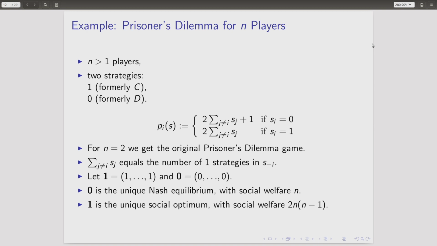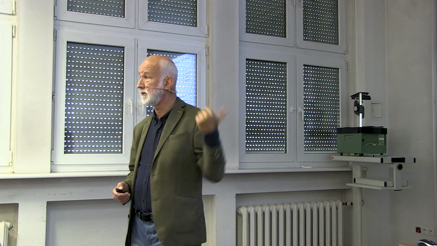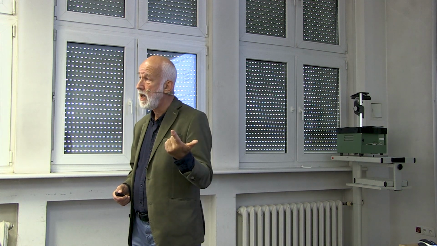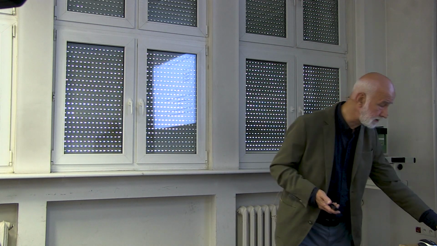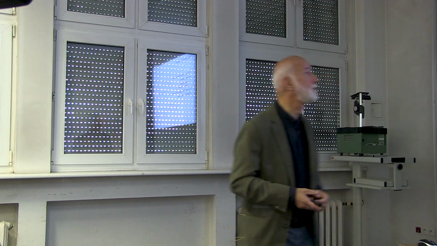That will be the payoff for each player, and there are n players, so the social welfare will be 2n times n minus 1. You can check this is the only social optimum, and the other is the only Nash equilibrium. So this easily generalizes to more players, and it in fact provides a better understanding of the problem.